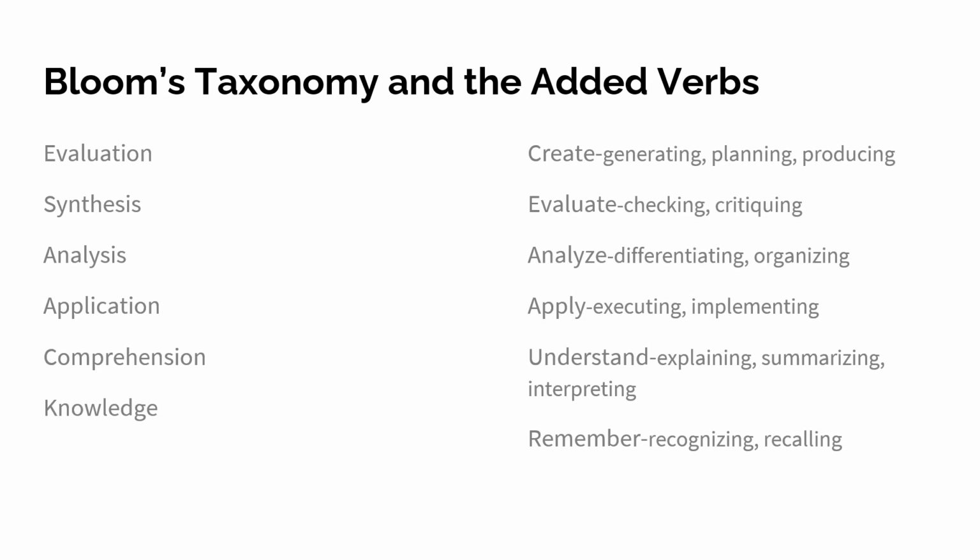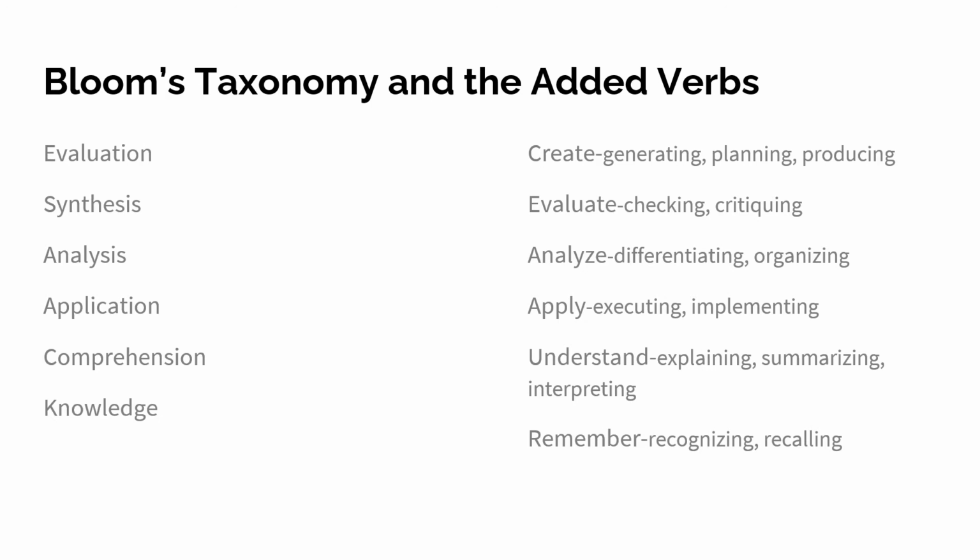With the added verbs, there are action words for teachers to use in their learning objectives. For example, remember could use a word like recognizing or recalling. For understand, teachers can use explaining, summarizing, or interpreting. For the third level, apply, executing or implementing.